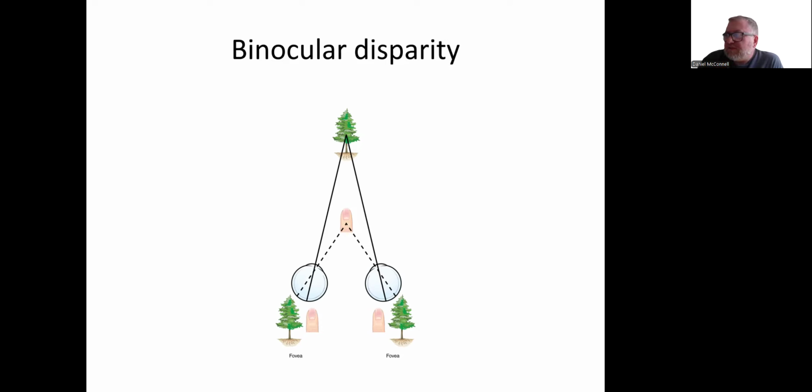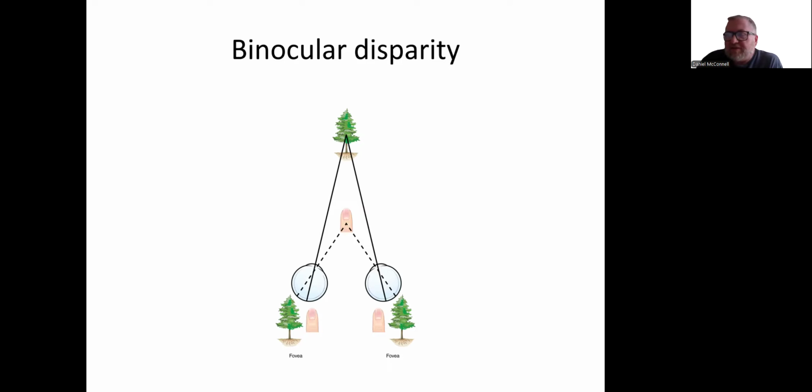Because when I line it up with my right eye, the right eye is looking at it so that the finger is a little bit to the left of the distant object that I am focusing on. Whereas from my left eye's perspective, the finger is a little to the right of the distant object.